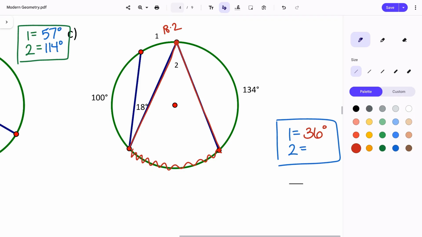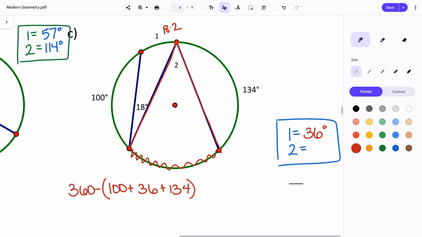Okay, so let's be careful with this one because this is the angle on the inside. I agree with the 100 and the 134 because those are on the outside. But how much did we say this was? 36. So instead of using the 18, let's use the 36. So let's take 100 plus the 36 plus the 134. And what would we do with that number? Yeah, take it from 360.